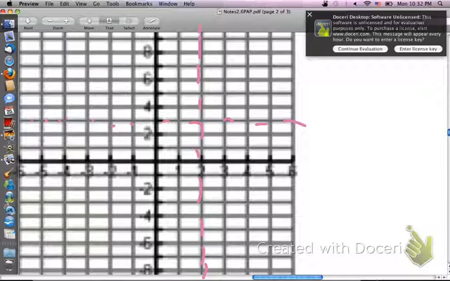Then, since our function is approaching positive infinity from the left, we know it must be approaching y equals 3 from above.